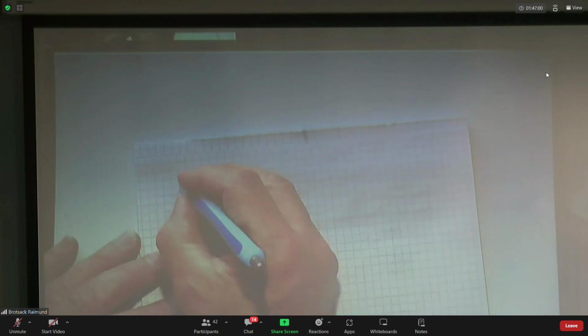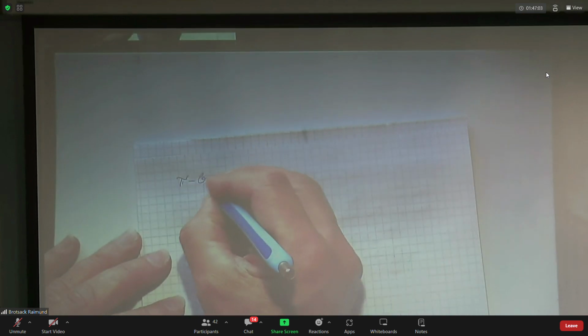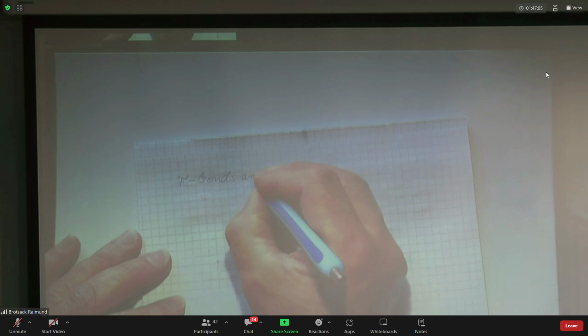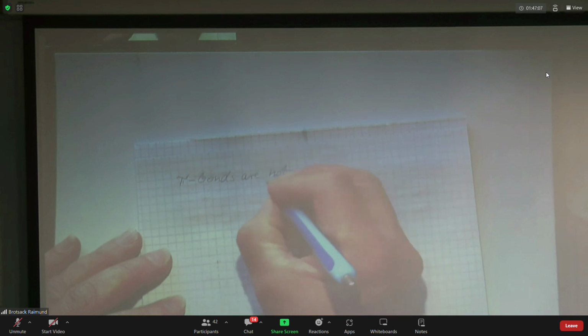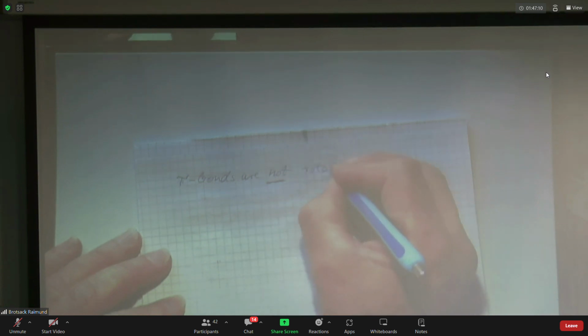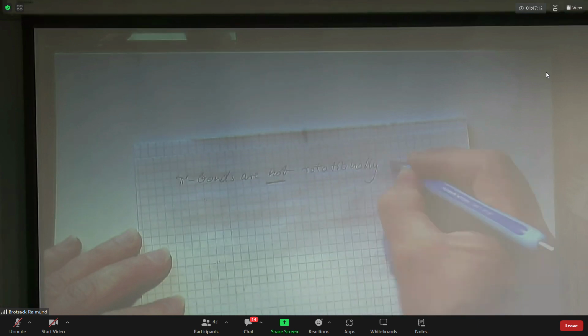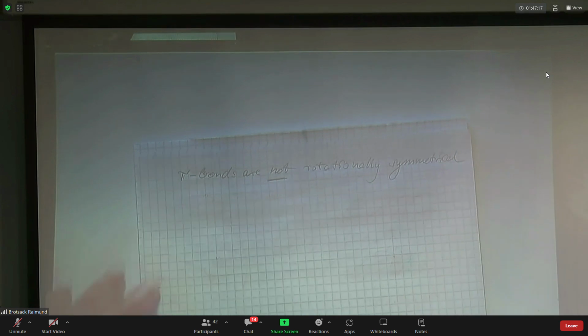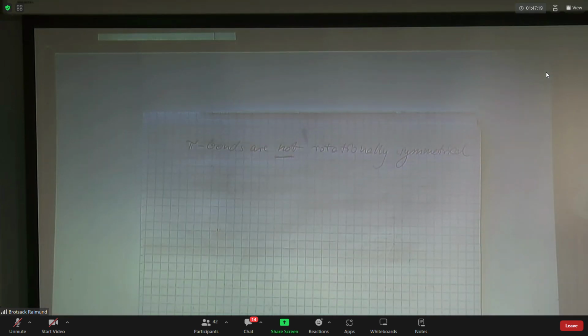Pi bonds are not rotationally symmetrical. That means if we have one or two pi bonds in between two atoms, we cannot rotate that structure.